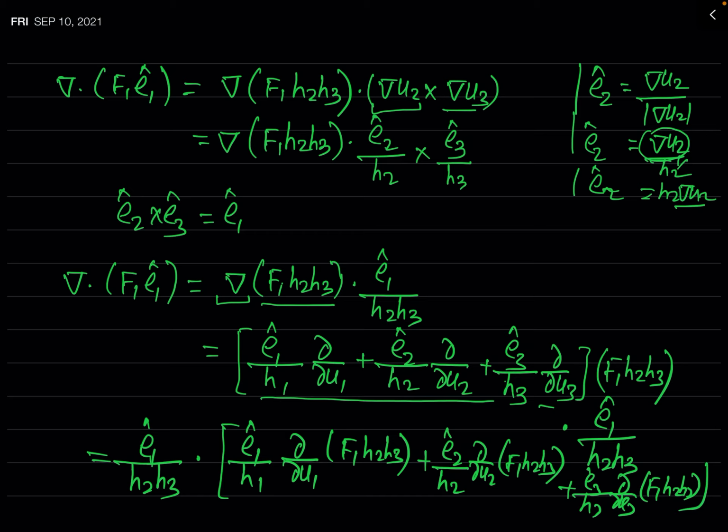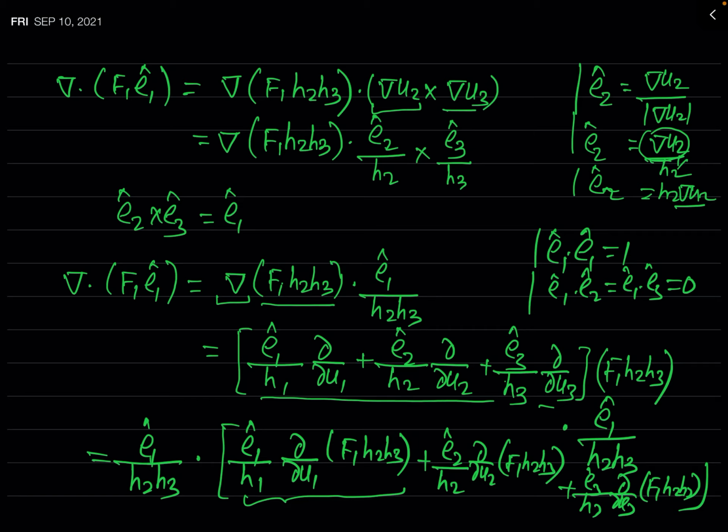Now you know, in orthogonal curvilinear coordinate system, E1 hat dot E1 hat is equal to 1, but E1 hat dot E2 hat equals E1 hat dot E3 hat, and these are equal to 0. So only the first term will remain non-zero, and the remaining two terms will be 0 when you take the scalar product by E1 hat.